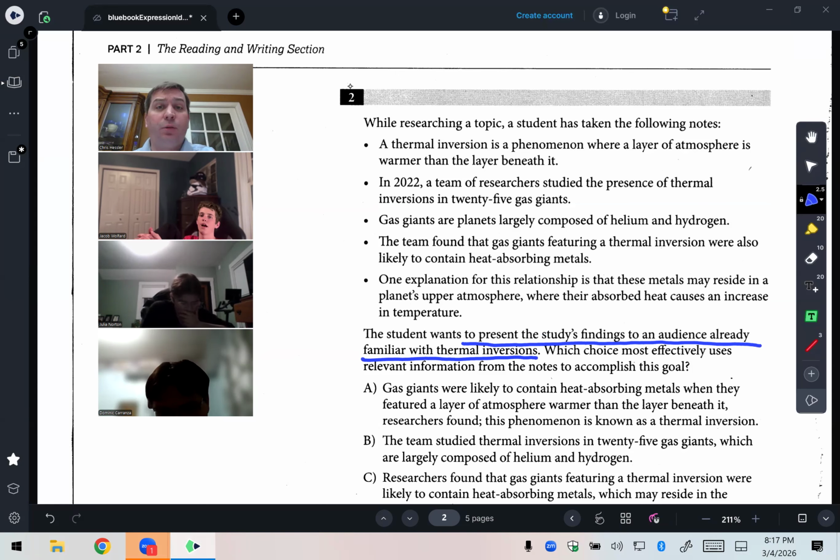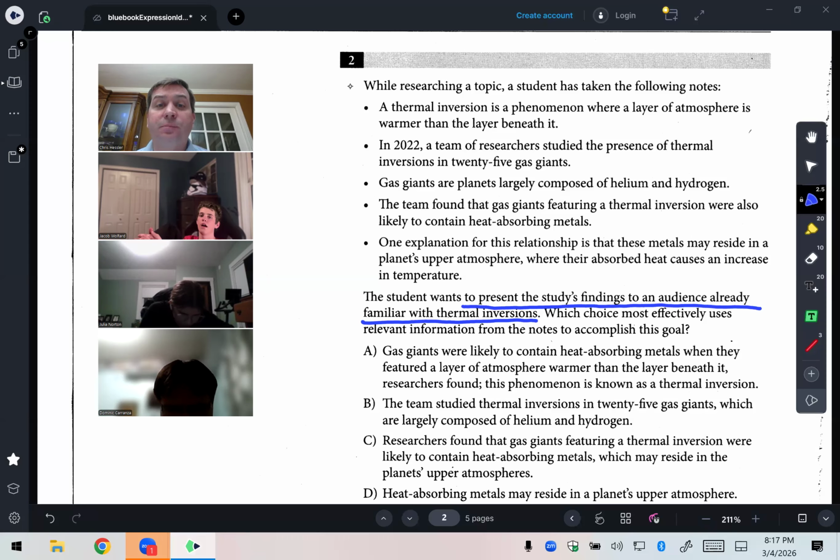In 2022, a team of researchers studied the presence of thermal inversions in 25 gas giants. Gas giants are planets largely composed of helium and hydrogen. The team found that gas giants featuring a thermal inversion were also likely to contain heat-absorbing metals. One explanation for this relationship is that these metals may reside in a planet's upper atmosphere, where their absorbed heat causes an increase in temperature.